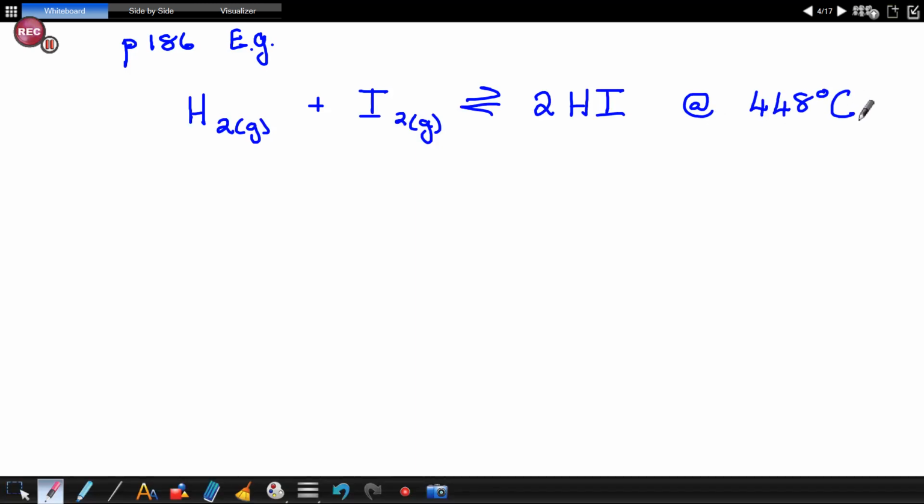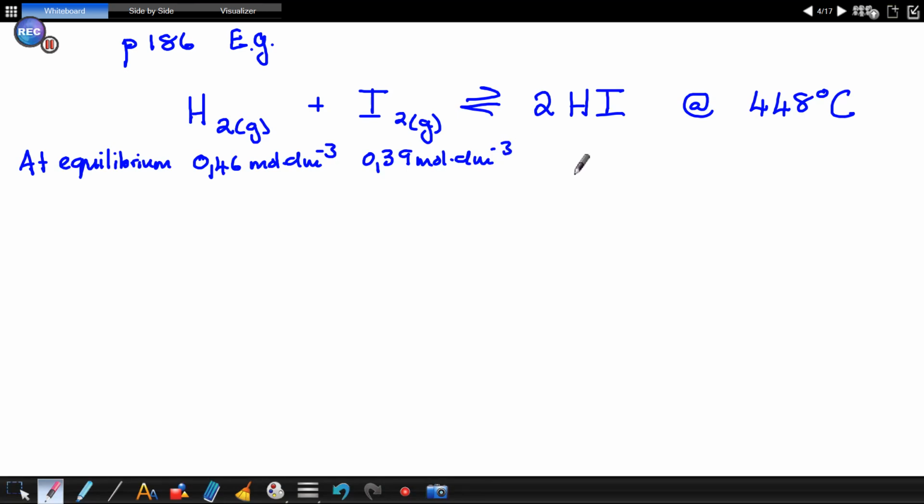At equilibrium, we have how much hydrogen? 0.46 mole per cubic decimeter. And iodine, 0.39 mole per cubic decimeter. And our hydrogen iodide, 3 mole per cubic decimeter.